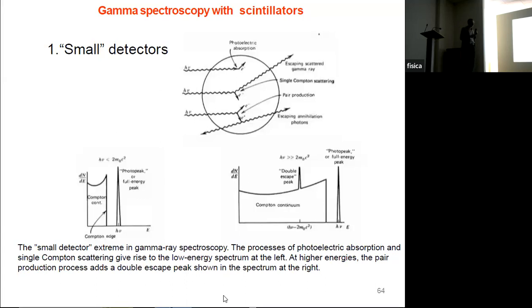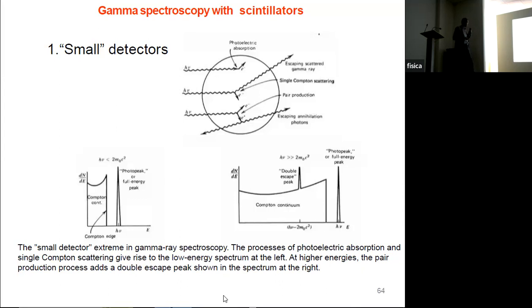I told you about this reaction: when you have an electron and a positron, they meet each other, annihilate and create two photons with energy 0.511 MeV.